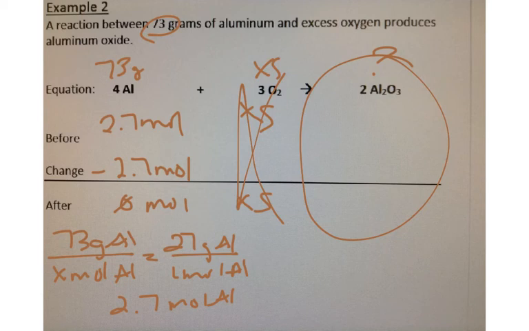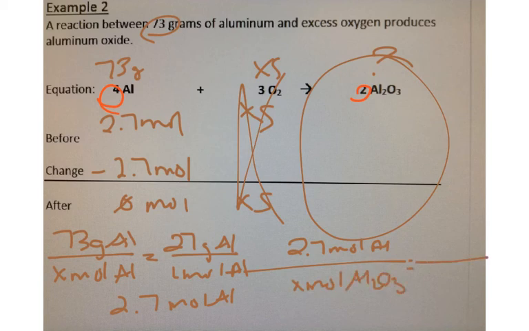If I look at my coefficients, I have a coefficient of a 4 and a 2, so I am going to need to do my molar ratio. So I'm going to convert 2.7 moles of aluminum, and I need to figure out how many moles of aluminum oxide that is. So that is equal to 4 moles of aluminum over 2 moles of aluminum oxide.